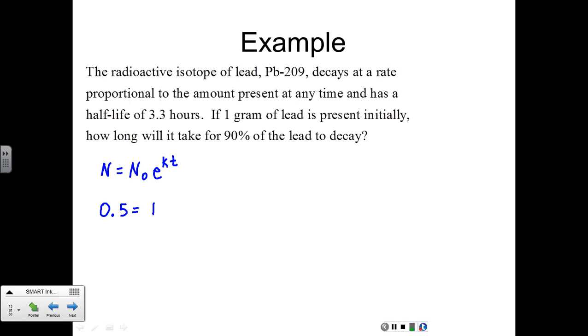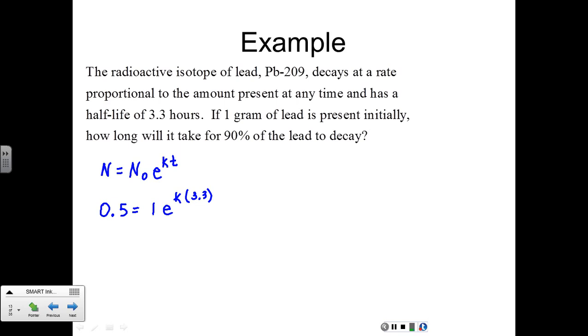N sub 0 was 1. We know that. 1 gram, times e to the k times, what's the time on that for the half-life? 3.3.